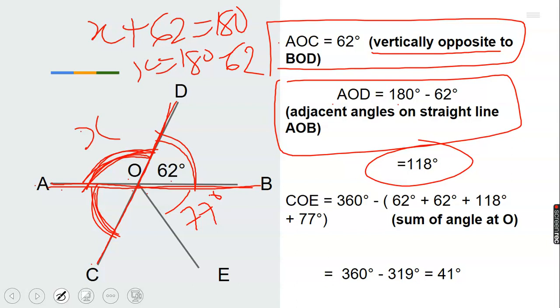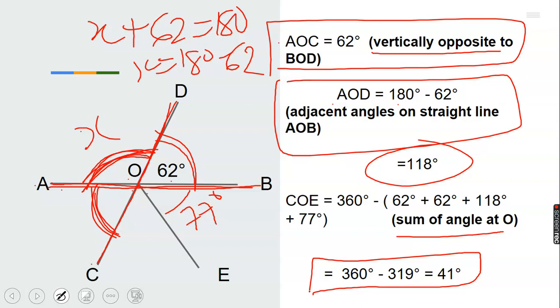COE equals 360 minus 62 plus 118 plus 62 plus 77. The reason is the sum of angles at O. Now, by the time you subtract, your COE equals 41 degrees.